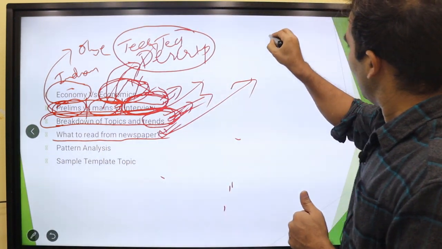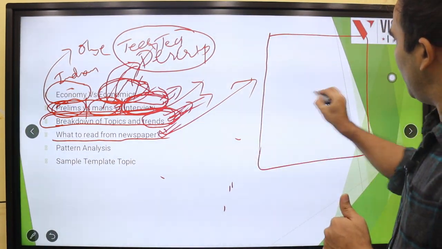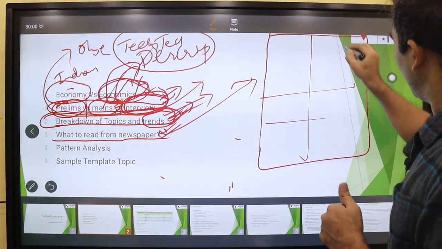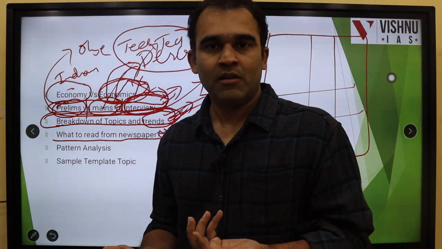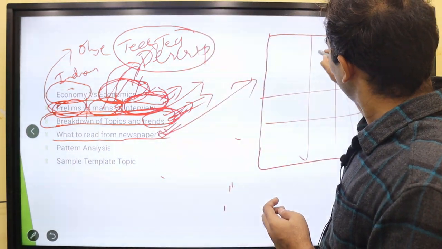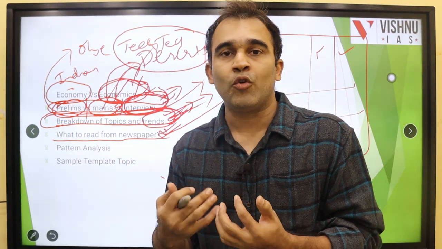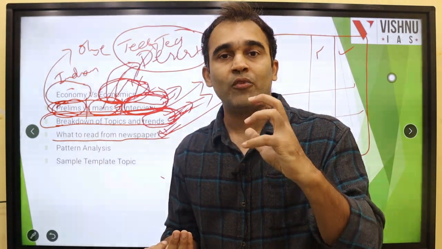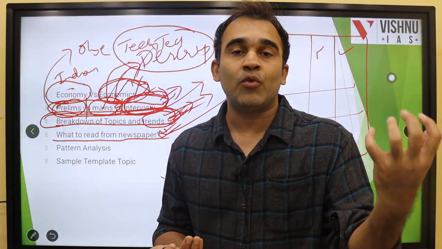So, while you are looking at the business section of The Hindu, there will be many topics, right? So, in the initial days of your preparation, what you got to do is find out those articles where there is a take, where there is an opinion, where there are certain words which have been recorded by a representative of the government.